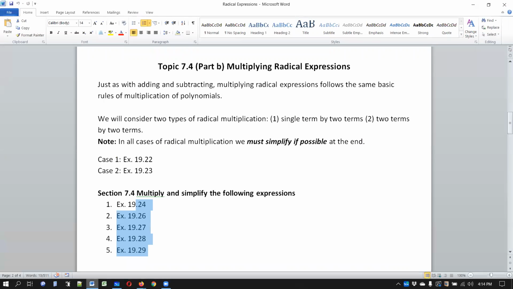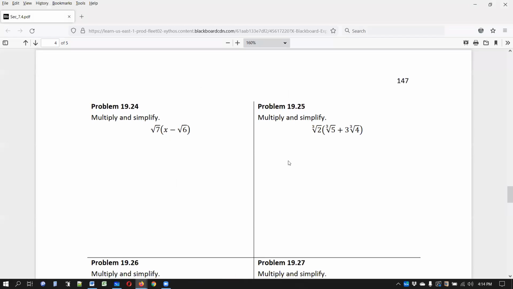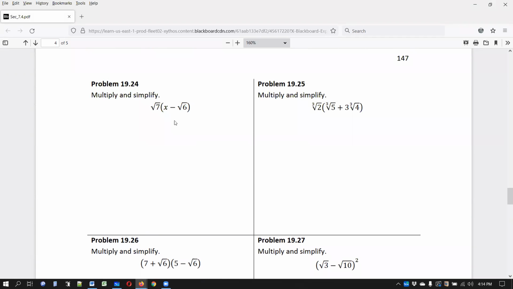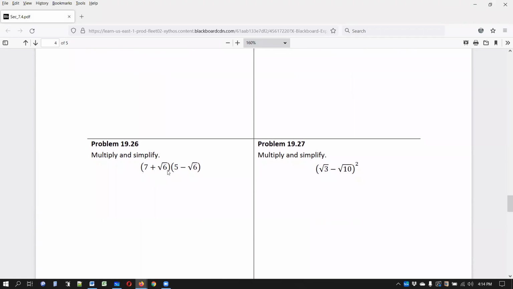Let's see the other problem, 1926. This is a case now where we have 2 terms multiplying 2 terms, which, by the way, is the most common case. So you may see this on an exam, but you will definitely see something like 1926 and 1927, which I think we'll do today.